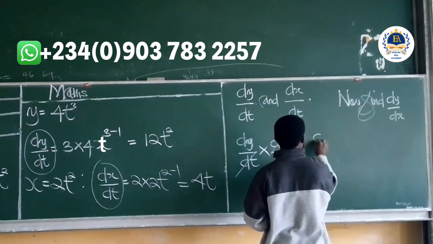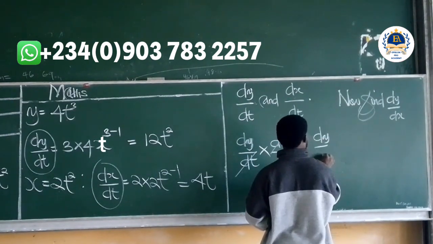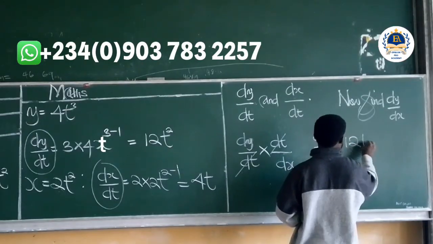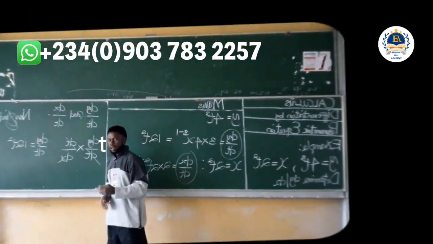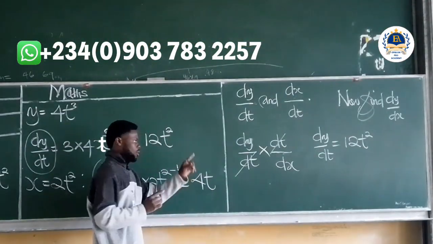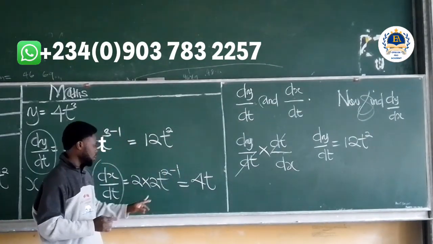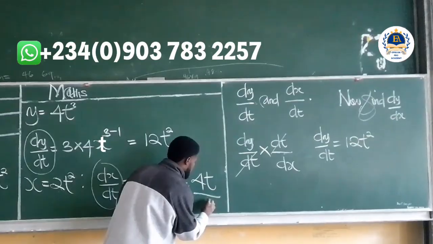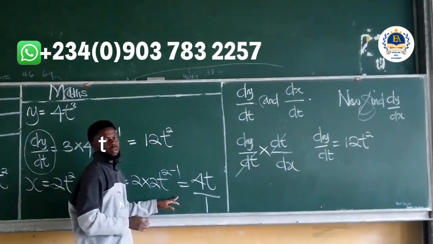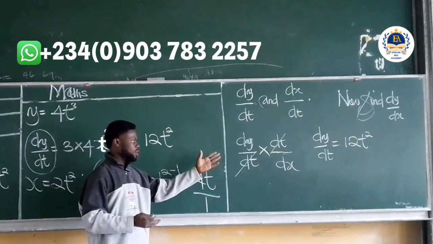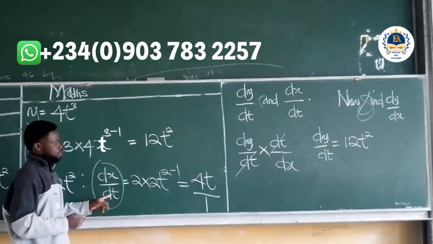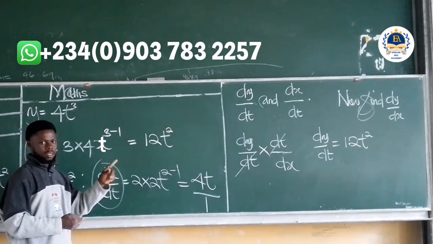So dy over dt is 12t raised to the power of 2, whereas dx over dt gave us 4. And 4 is the same thing as 4 over 1. But what we obtain over there is not dx over dt; we got dt over dx.